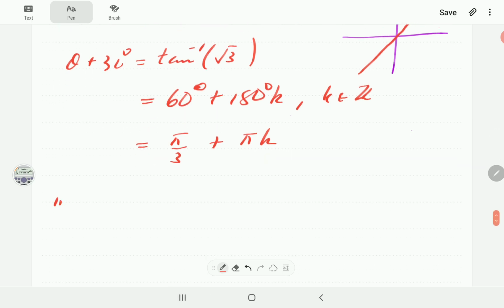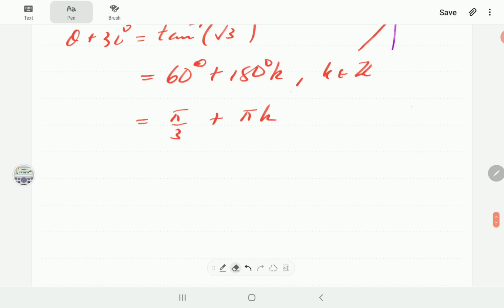And then for part 2, we are not done. So what we have here is theta plus 30. We need theta, so that means we need to make theta the subject of the formula, taking 30 to the other side.